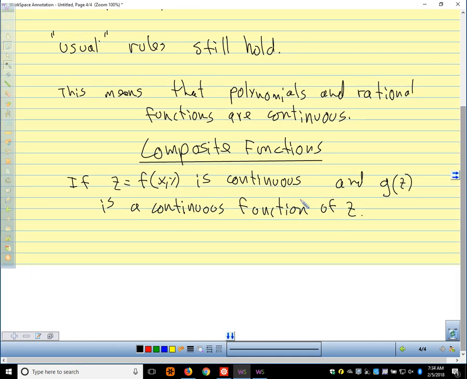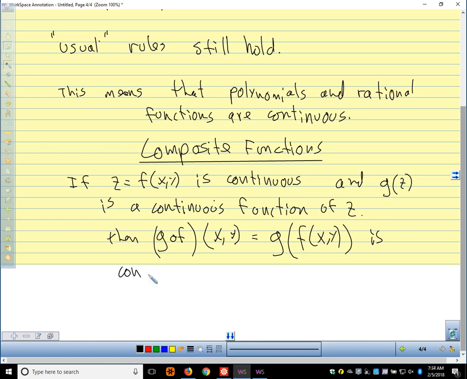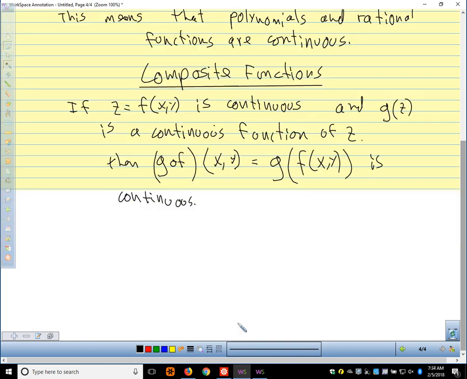If we have a continuous multivariable function and a continuous single variable function, then g of f of (x, y) is continuous. So compositions of continuous functions are continuous.